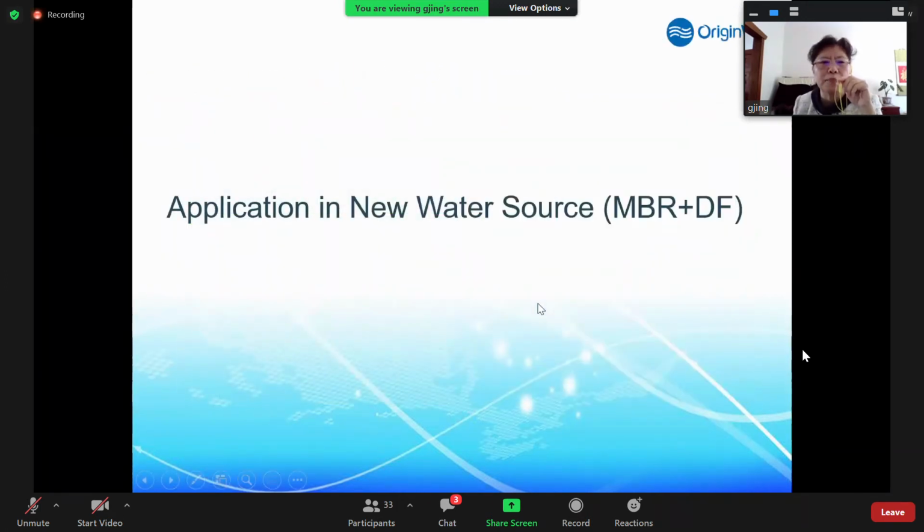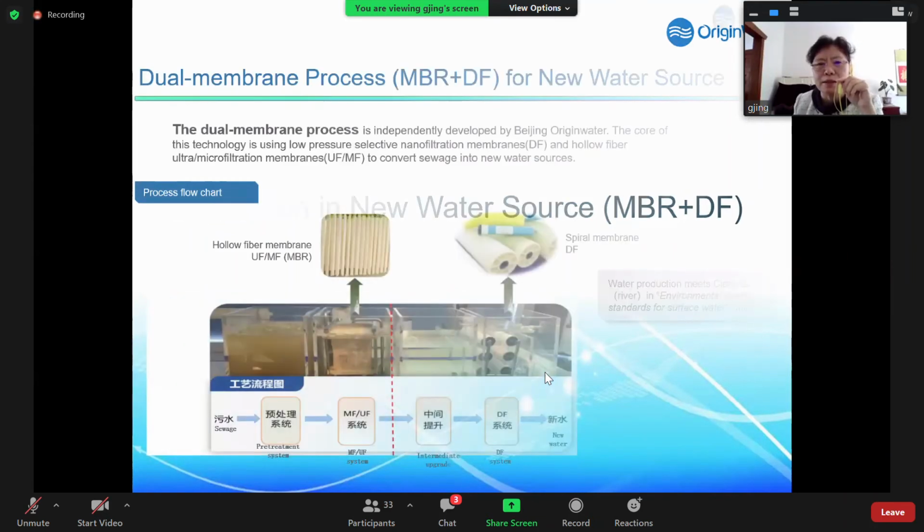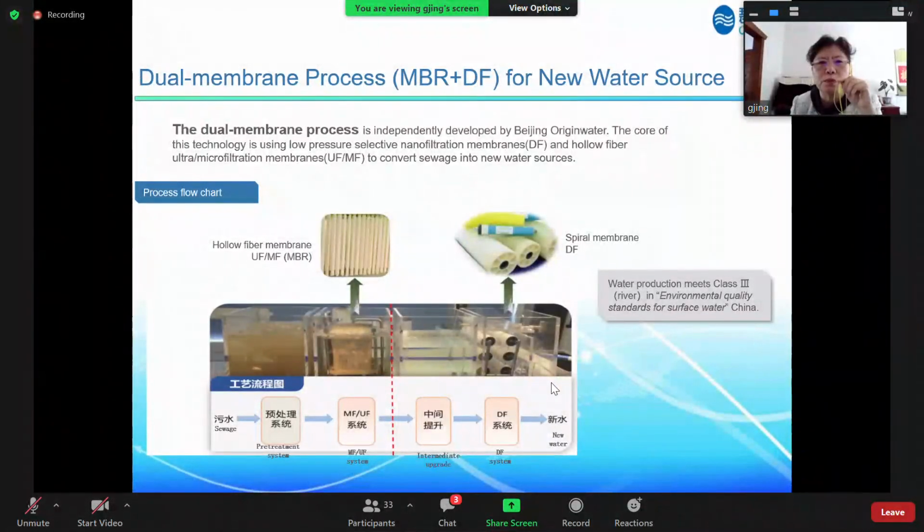Now we talk about applications in new water source. New water source is a concept where we are now more and more using water recycling and water reuse. Because we do not have enough water, we have water scarcity, more and more problems with water, less and less water source.